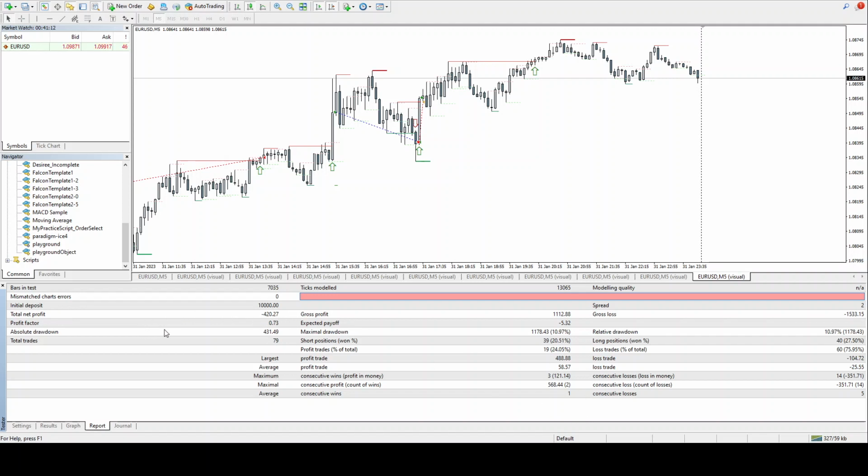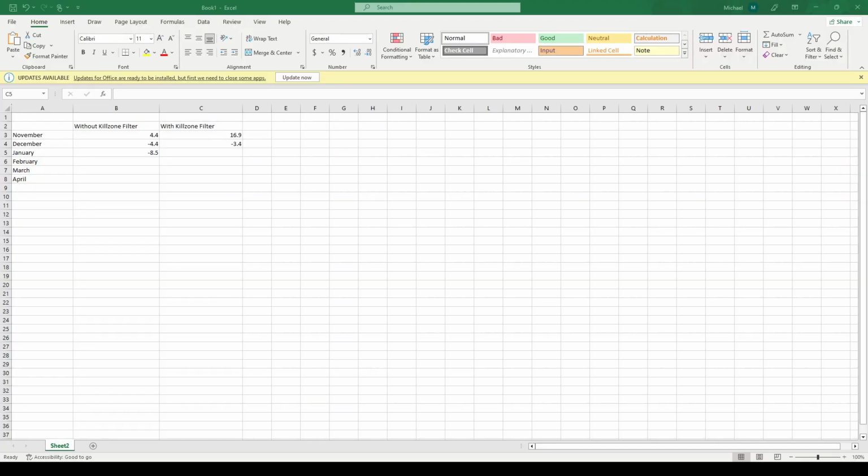Okay, look at the absolute drawdown as well, 4.3, 4.2. So let's go and record that on Excel.